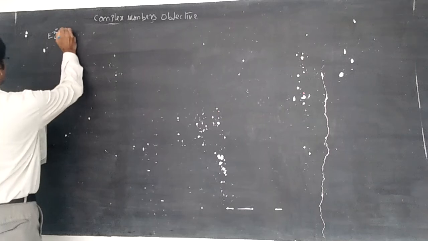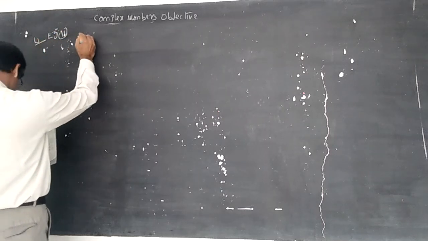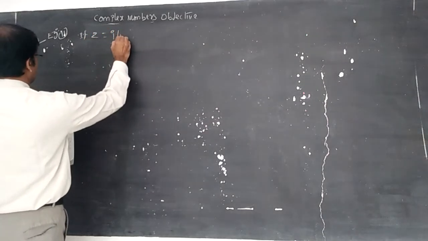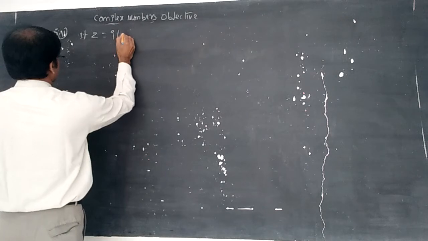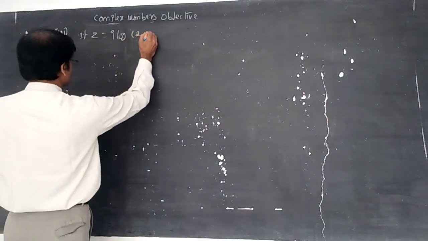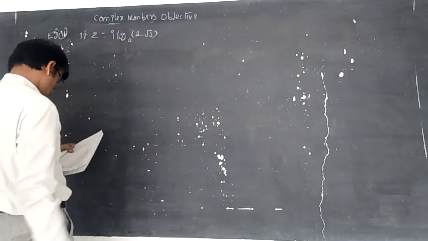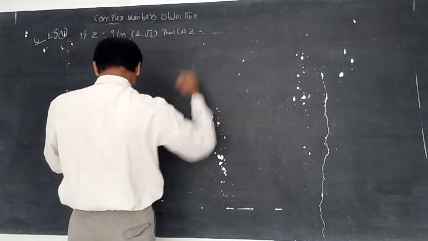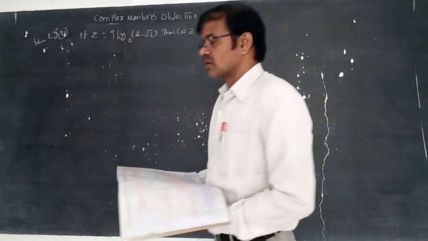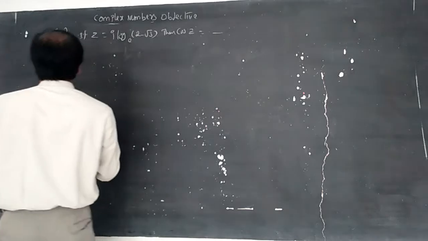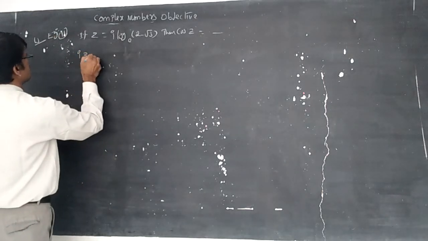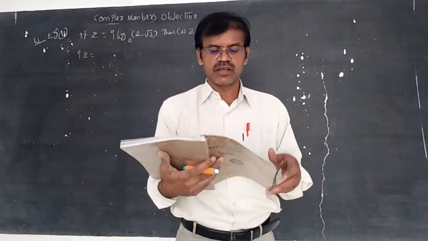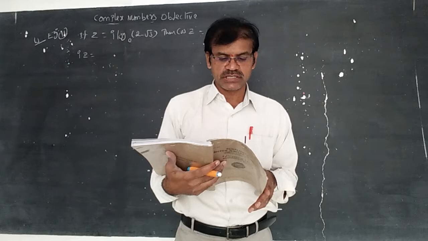Example 11. Worked example 11. If z is equal to i into logarithm of 2 minus root 3 to the base e, then cos z is equal to dash. Now multiply here. We have learned the formula: cos theta is equal to cosh of i theta, which is nothing but e power i theta plus e power minus i theta by 2.